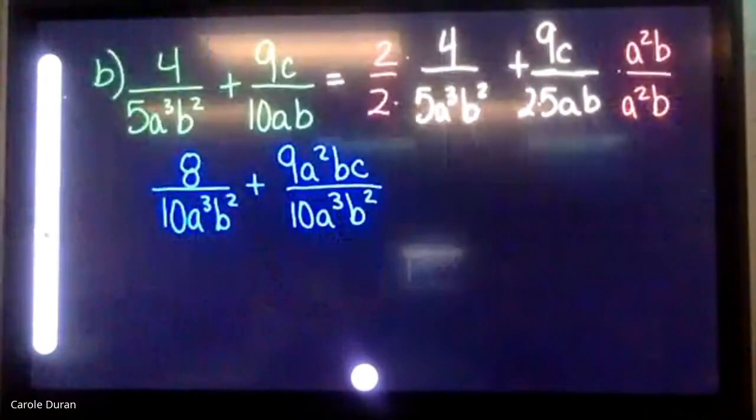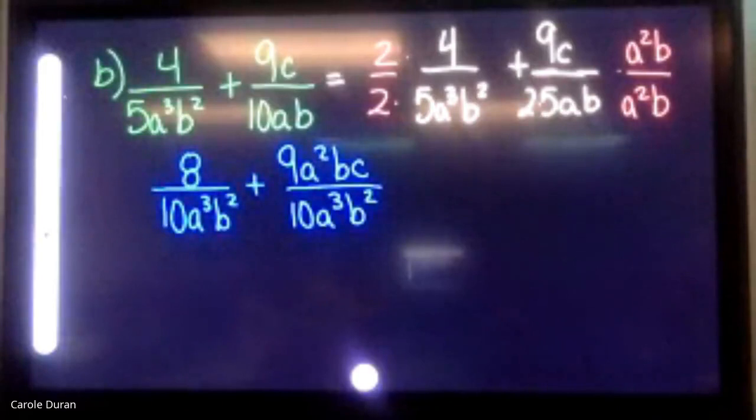So I end up with 8 over 10a cubed b squared plus 9a squared bc over 10a cubed b squared. Questions or concerns so far? Do we all see how we got that? What do I do next? You just combine them.